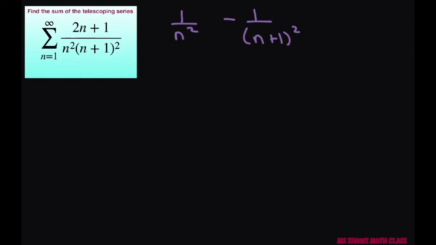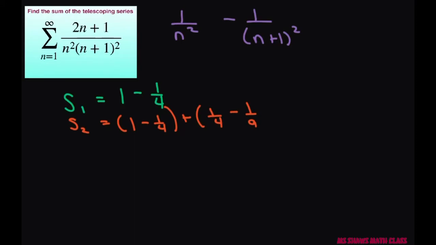Now, for our first partial sum, that's going to be 1 minus 1/4. For our second partial sum, that's going to be 1 minus 1/4 plus 1/4 minus 1/9. Now this is going to equal 1 minus 1/9 because of the telescoping nature of our series.